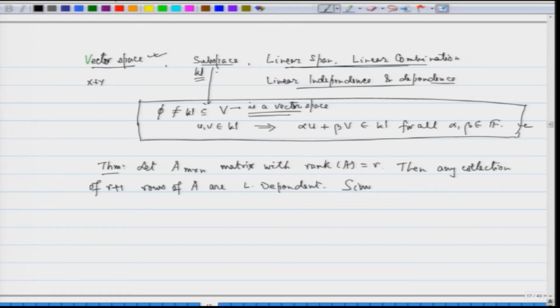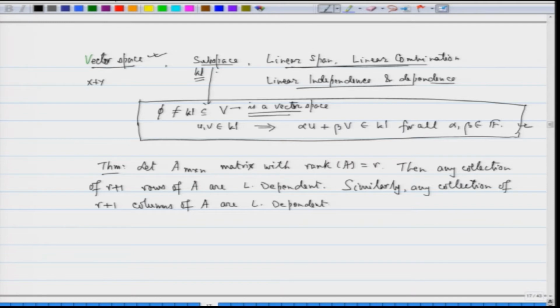Similarly, any collection of R plus 1 columns of A are linearly dependent, all right.